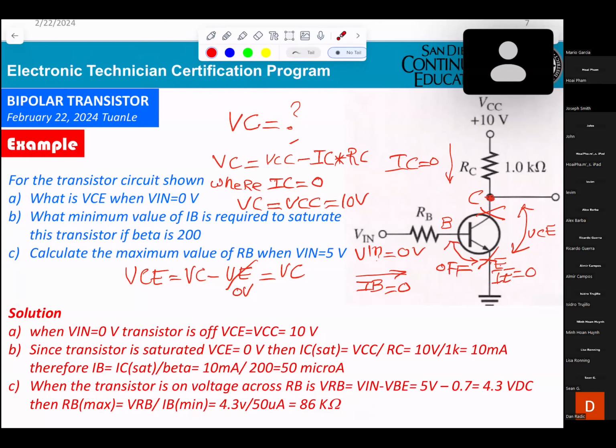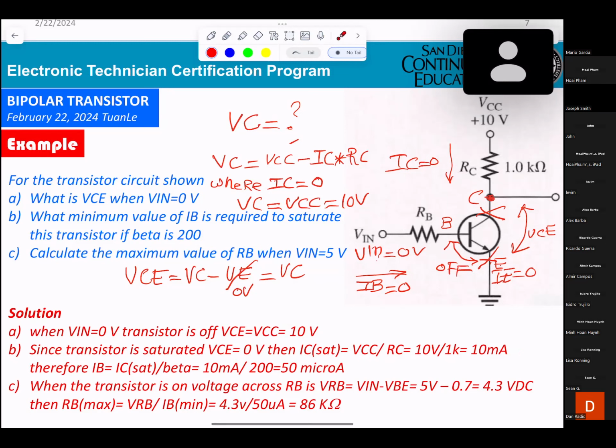And they ask, what is the minimum value of IB required to saturate the transistor? See what they said here. Since the transistor is saturated, VCE equals 0. Then IC saturate equals VCC divided by RC, and you get 10 milliamps.